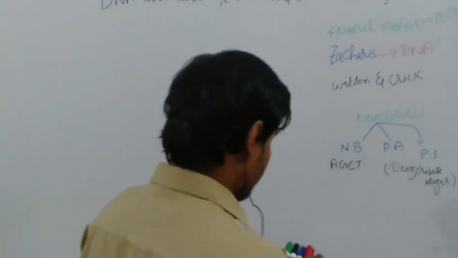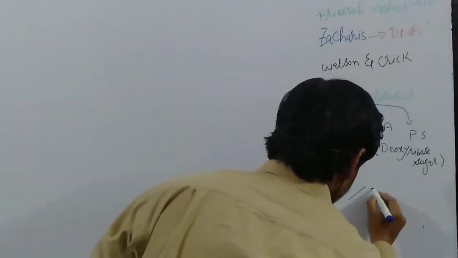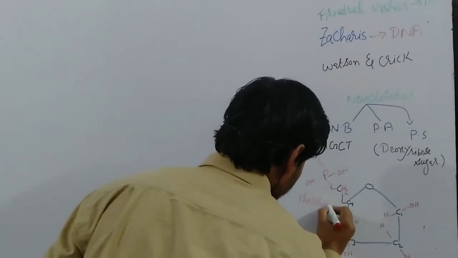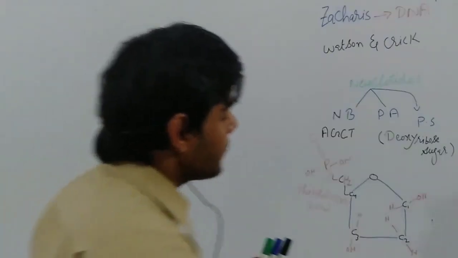If I draw the structure again here, we have this pentose sugar, and here is the nitrogenous base.